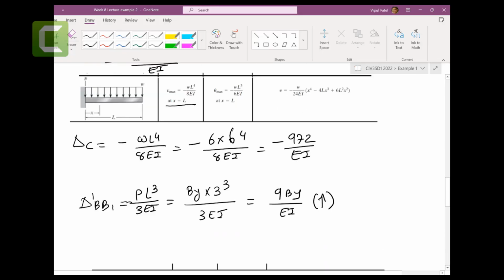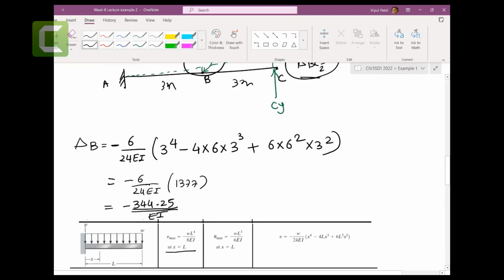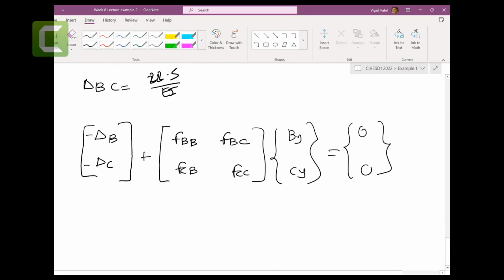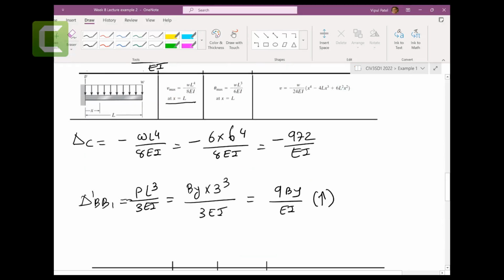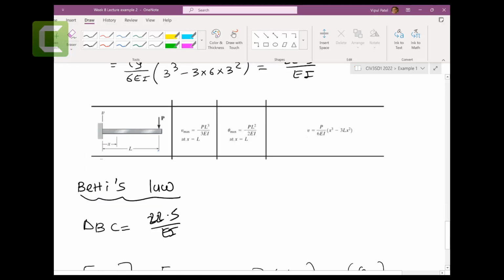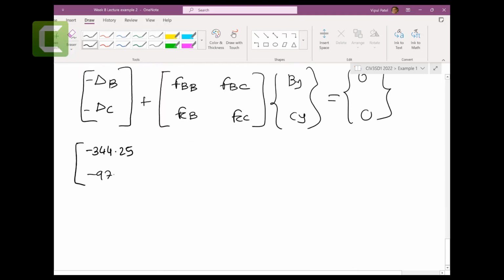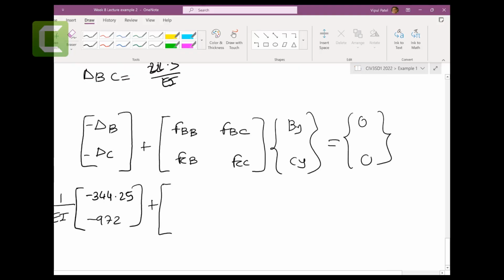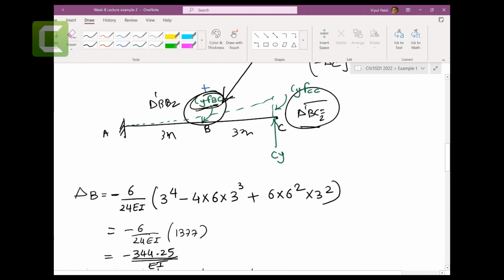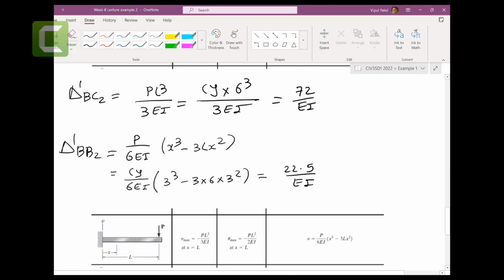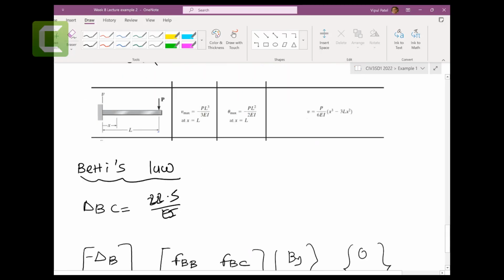Delta B, we calculated delta B, minus 344.25 over EI, and delta C is minus 972. Let's put 1 over EI outside, plus the flexibility coefficients. FBB was, I think, let me go back and check my figures.